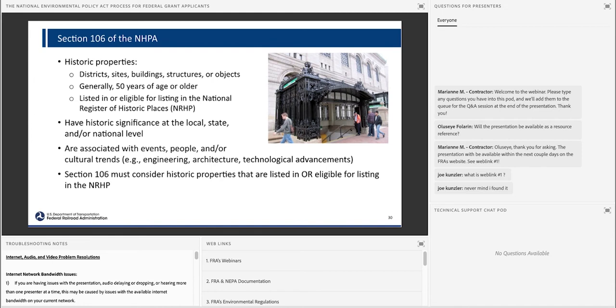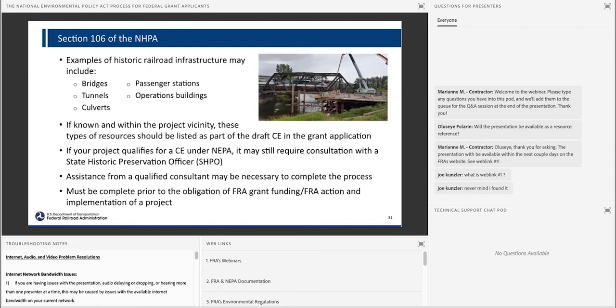In some cases, engineering or architectural advancements, or if it's the last or single bridge associated with a specific type of technology. The Section 106 process really is not just to consider things that are on a specific list now, but rather eligible for that list. Those are terminologies you will hear when you're working on the Section 106 process with us.